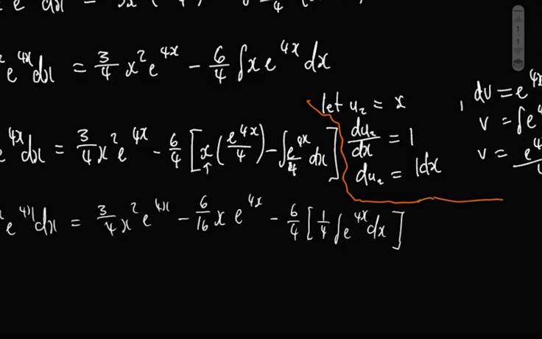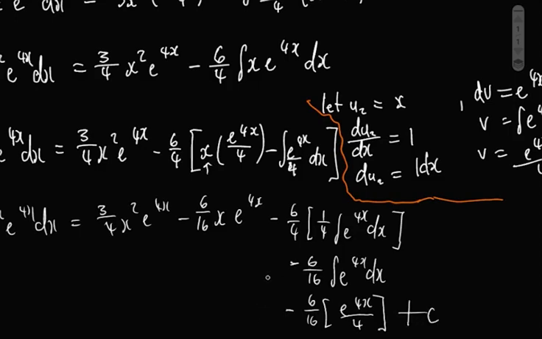So if I take out the 1/4, I do multiply the 4, and I would be having minus 6 over 16 integral of e to the 4x dx, and this just becomes minus 6 over 16 multiplying e to the 4x over 4, right? Remember, over 4, that's the integral of e to the 4x. And because we have reached the end, we now add the constant of integration c.